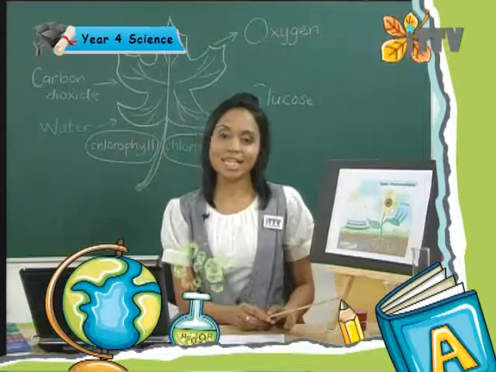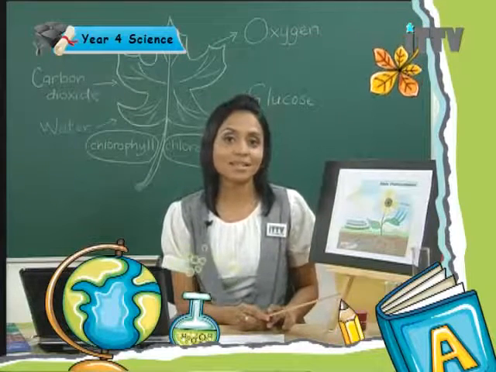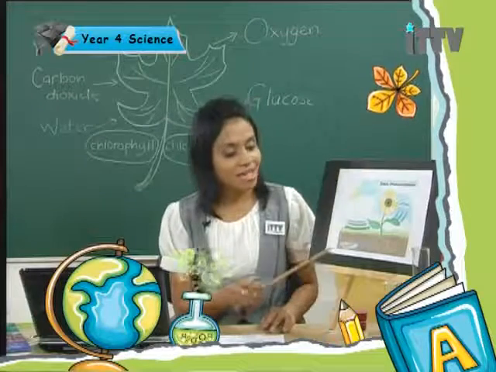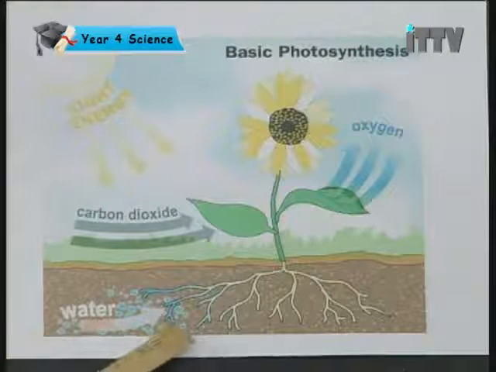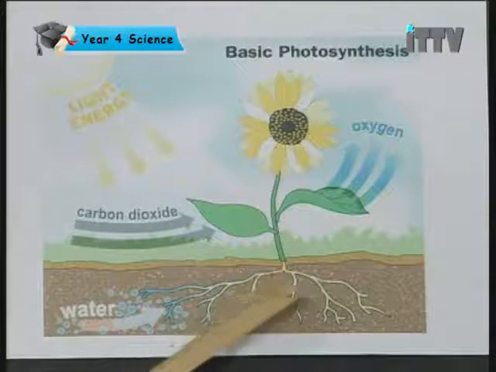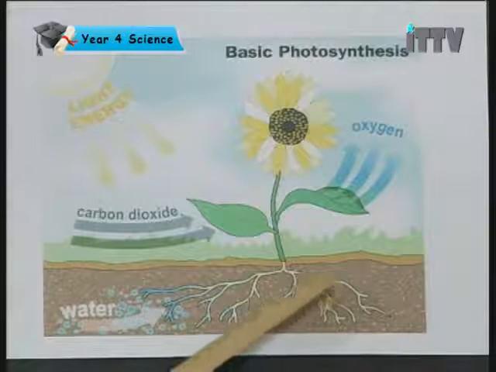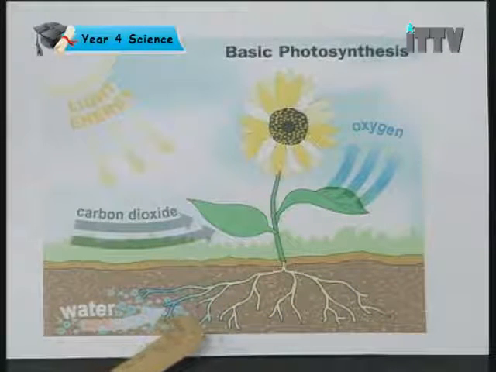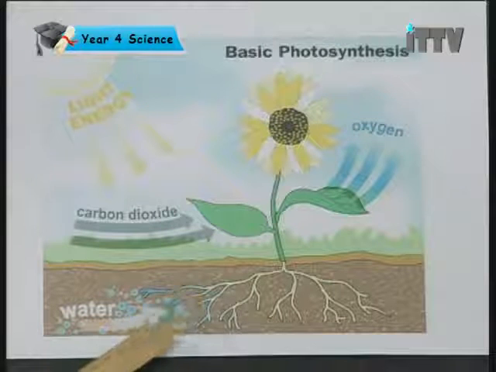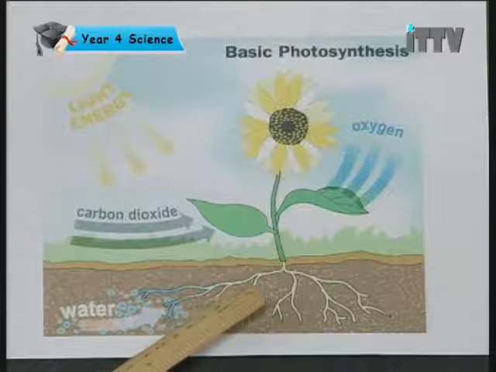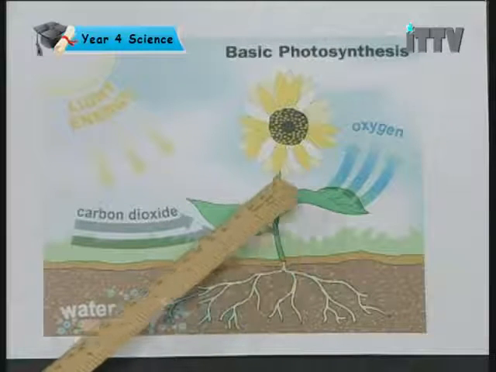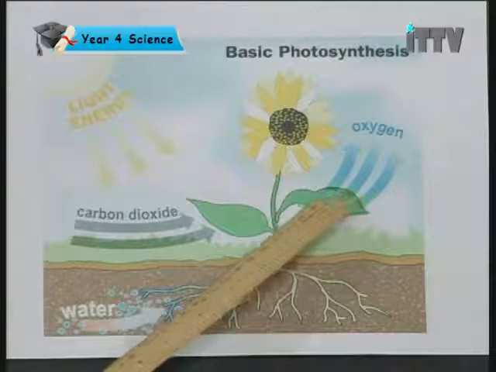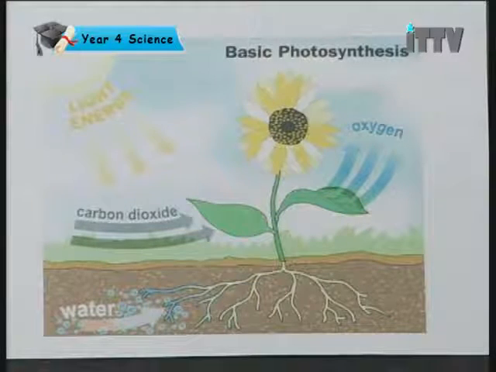Recall, earlier we were learning about the basic need of plants, which is water. Here, the water is absorbed by the roots which run far and wide in the soil. See here, water being absorbed by the soil. It goes up to the stem and reaches the leaves, thus being used in the process of photosynthesis.